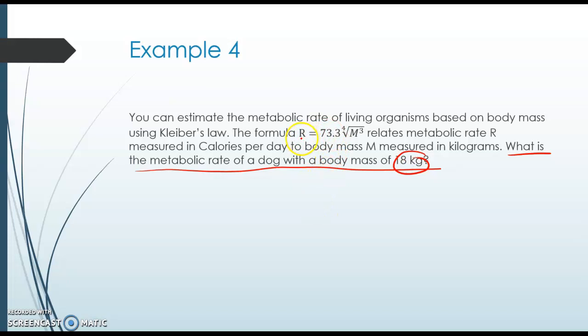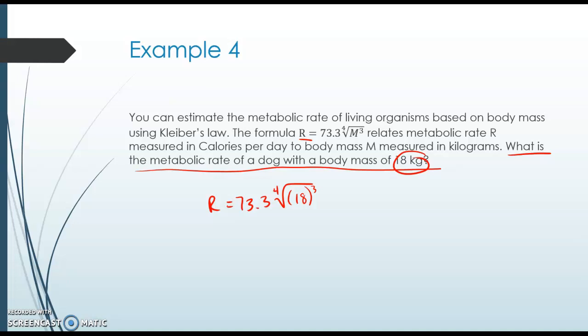And when we look up here, the rate would be the R, and then there's the rest of our equation. So we're looking for R, and it is 73.3 times the fourth root of M, which is 18. So we're going to put 18 in there, of 18 to the third power. So from here, we really just simplify.